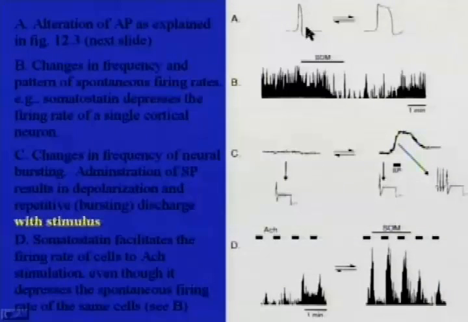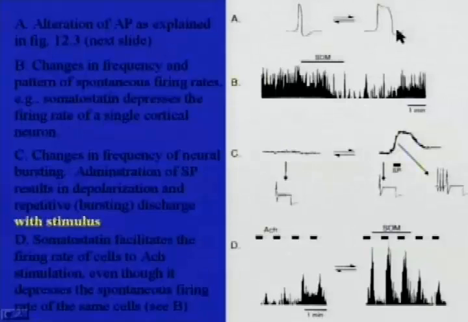So a change in the shape of the action potential. Here we see the rapid rising phase, the repolarization phase, the after hyperpolarization, and recovery of the resting membrane potential. So it begins to look very much like the action potential within the cardiac myocyte.